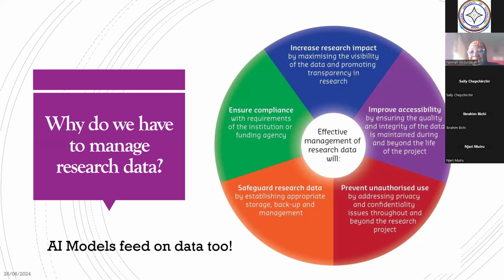And lastly, AI models feed on data too. Artificial intelligence is everywhere now, and we have people saying it's difficult for them to develop AI systems because there is no data to train such systems on. Just this morning, one of my postgraduate students is trying to develop an AI recommendation system for a library.